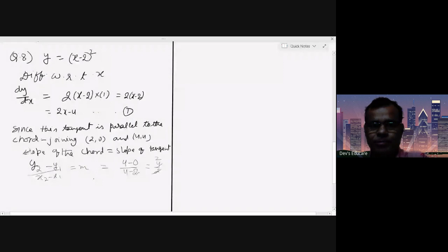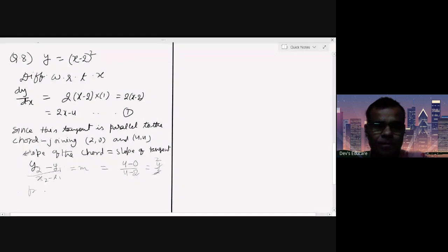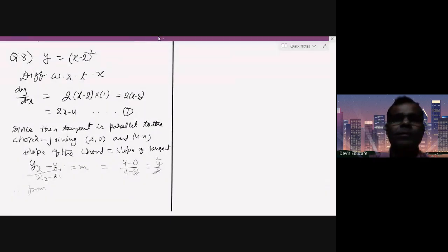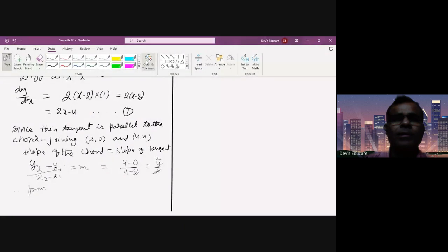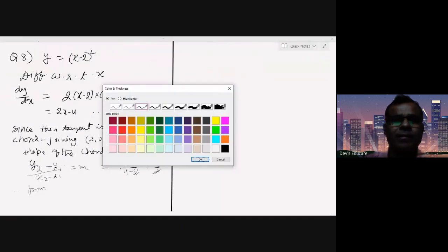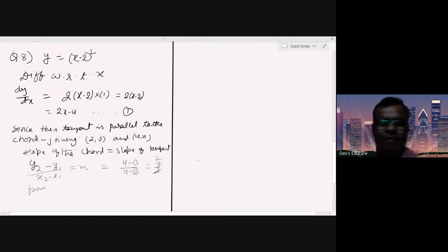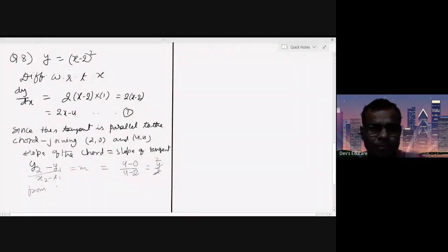So put this value, therefore, from 1, we have 2x minus 4 equals 2, so x equals actually 3.